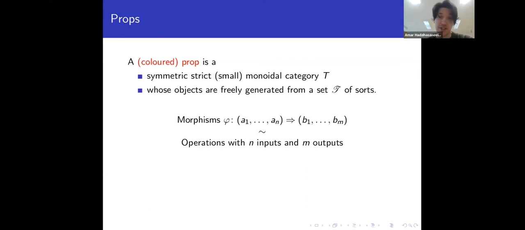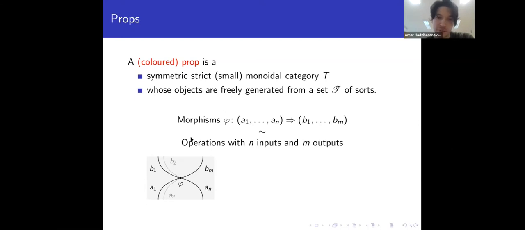I'm going to be using string diagrams to represent these operations. So this phi from A1 to An to B1 to Bm is going to be a node with n incoming wires and m outgoing wires.